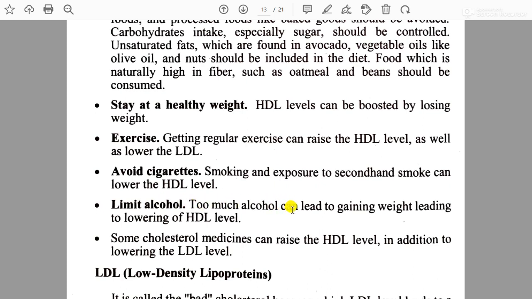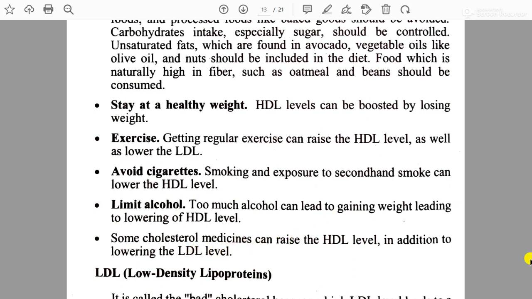Too much alcohol can lead to gaining weight, leading to lowering of HDL. So if HDL is lowered in the body, we have a higher risk for heart diseases. So limit alcohol. Then some cholesterol medicines can raise the HDL level in addition to lowering the LDL level.